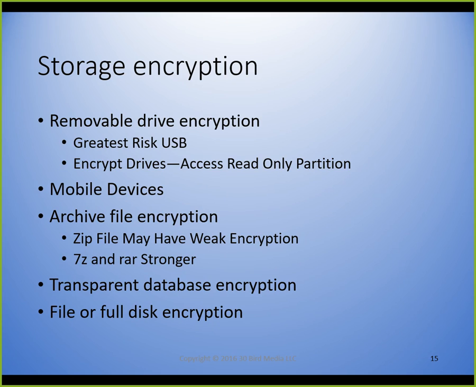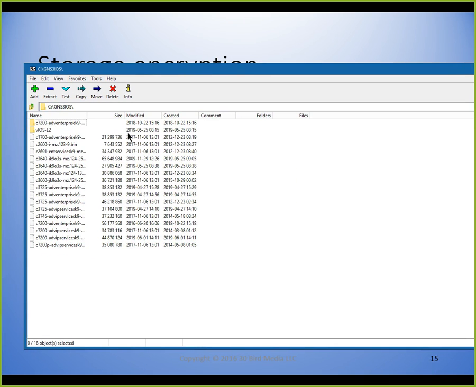And I think it mostly has to be done with the PIN, because it uses the PIN as part of the generation of the encryption key. Archive file encryption: with zip files, 7-zip and RAR are stronger, and 7-zip is open source. If you need encryption and compression software, 7-zip is a really straightforward one.